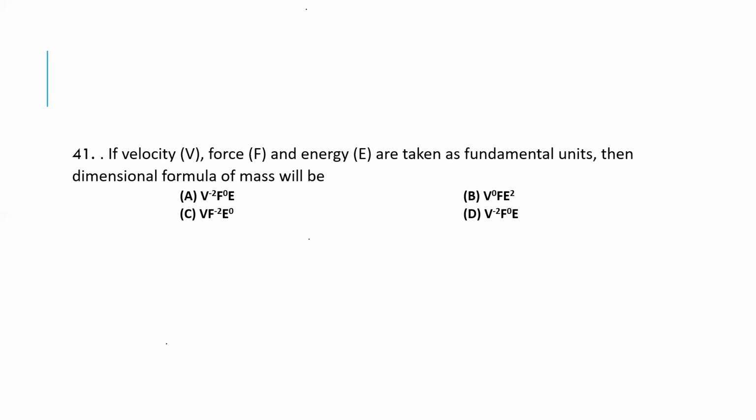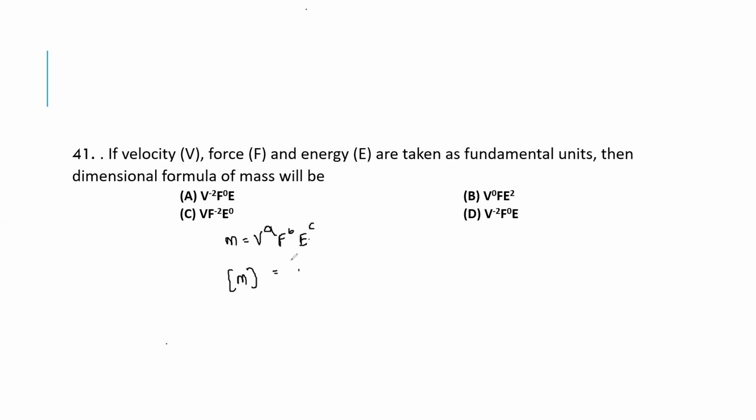So they have asked the dimensional formula of mass in the given question. Mass depends on V, F and E, so we can write M is equal to V raised to A, then F raised to B and energy E raised to C. We can take it like this.